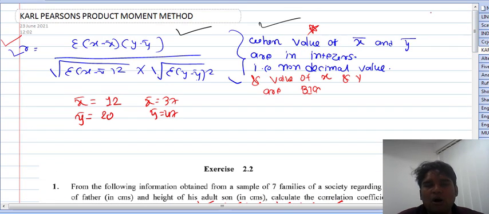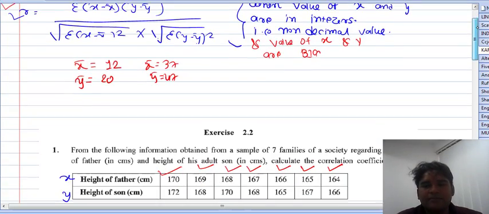These all are big values, right? So whenever you find this kind of question, where the values of x and y are big and x bar and y bar are integers, then you have to use this formula: sigma x minus x bar, y minus y bar, over square root of sigma x minus x bar whole square, and square root of sigma y minus y bar whole square, right?